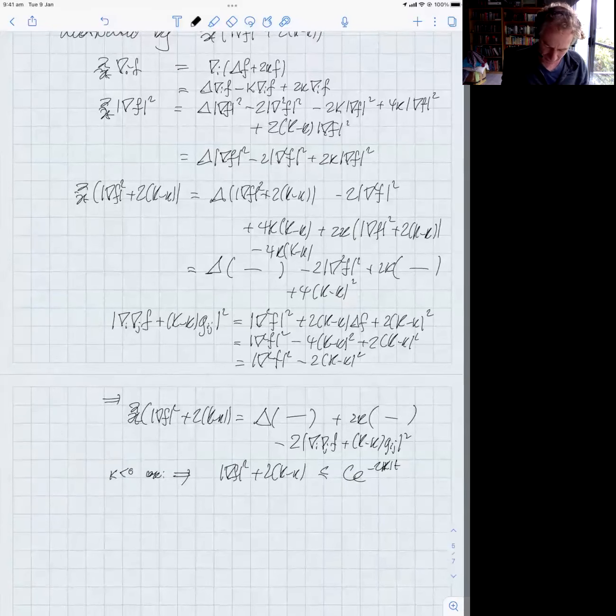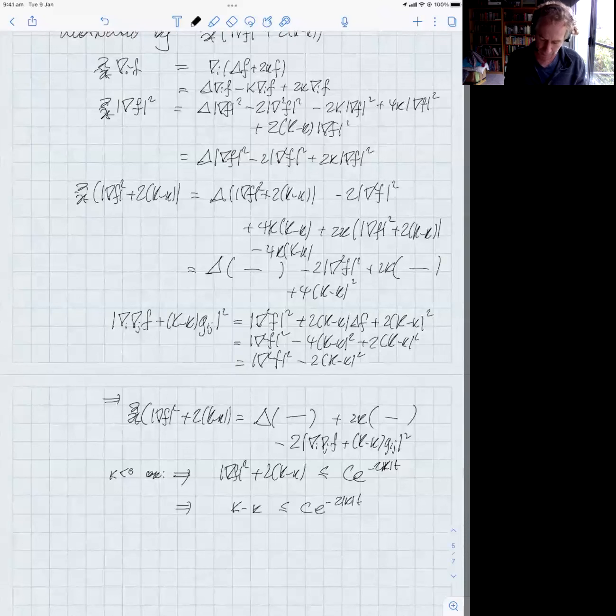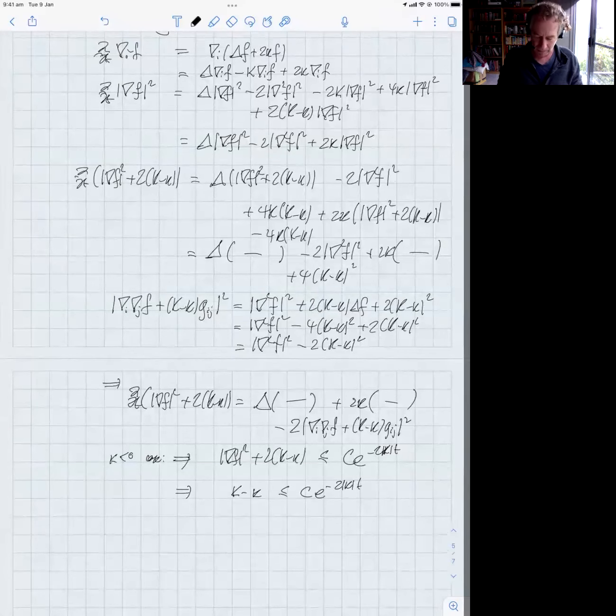Okay, so that tells me that, well, in particular, the k minus kappa is bounded, right? So the gradient f squared is greater than or equal to 0. So I certainly have that upper bound on Gauss curvature. But here we also have a lower bound on Gauss curvature just from the evolution equation for Gauss curvature itself, right?